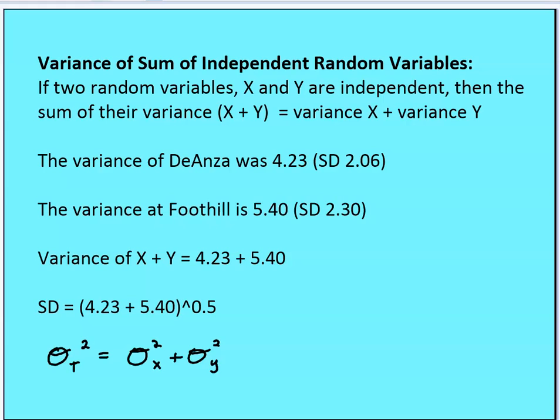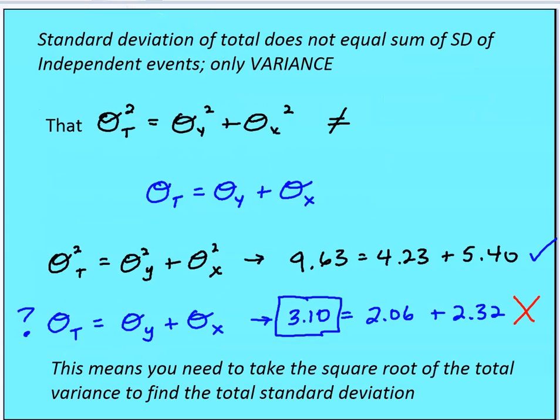All right, so you have to be careful. It's not that the standard deviation of x plus the standard deviation of y is equal to the standard deviation of the total. That does not make sense mathematically. The standard deviation of the total does not equal the sum of the standard deviations of the independent events.